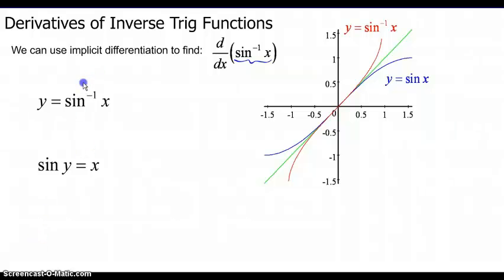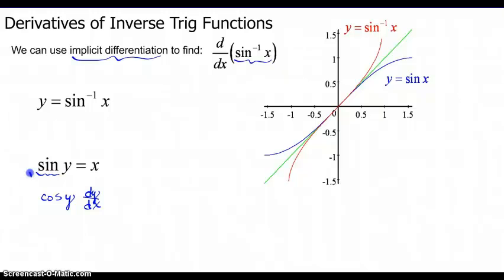So based on our last lesson, we know that if y equals the sine inverse of x, then it has to be true that the sine of y equals x. And this is why we're going to use implicit differentiation to start to develop the derivative of sine inverse. If I implicitly differentiate this with respect to x, it's the derivative of the outside, which I know is cosine, not changing the inside, times the derivative of what's inside with respect to x.